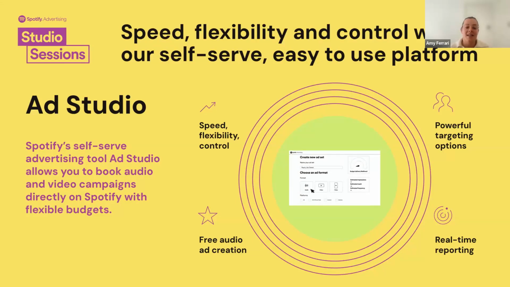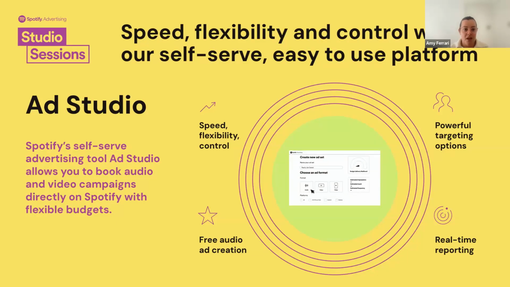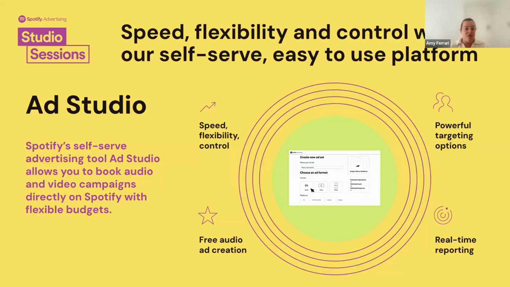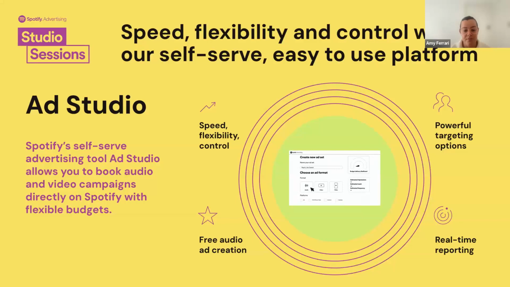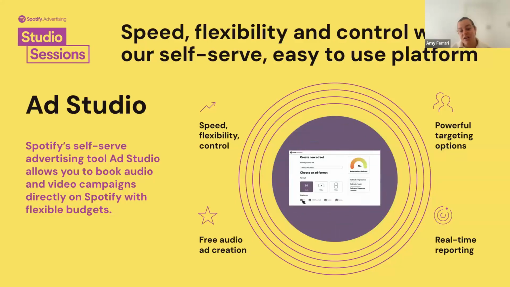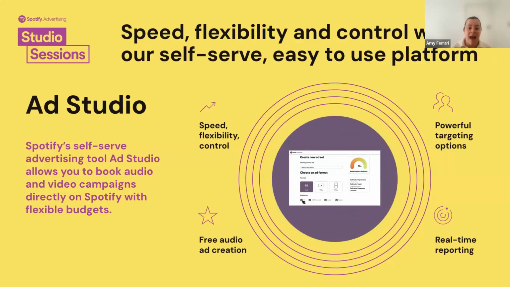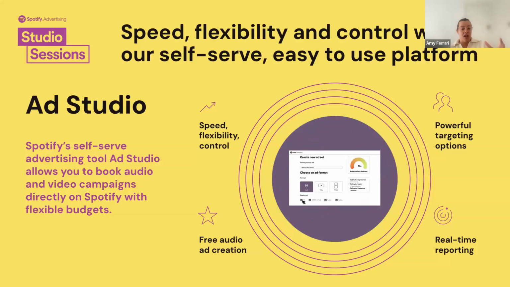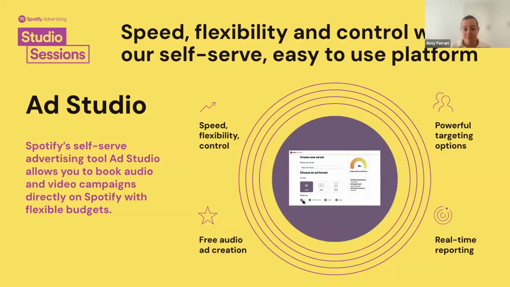It's just included as an added value for all your campaigns that you run on Spotify. Or if you've got it handled and you've got your own audio assets, you can simply upload your own finished creative. And lastly, Ad Studio gives you access to real-time reporting on your ad performance and budget pacing throughout the campaign. So you can essentially track your clients' goals or your own goals and adjust those strategies on the fly.